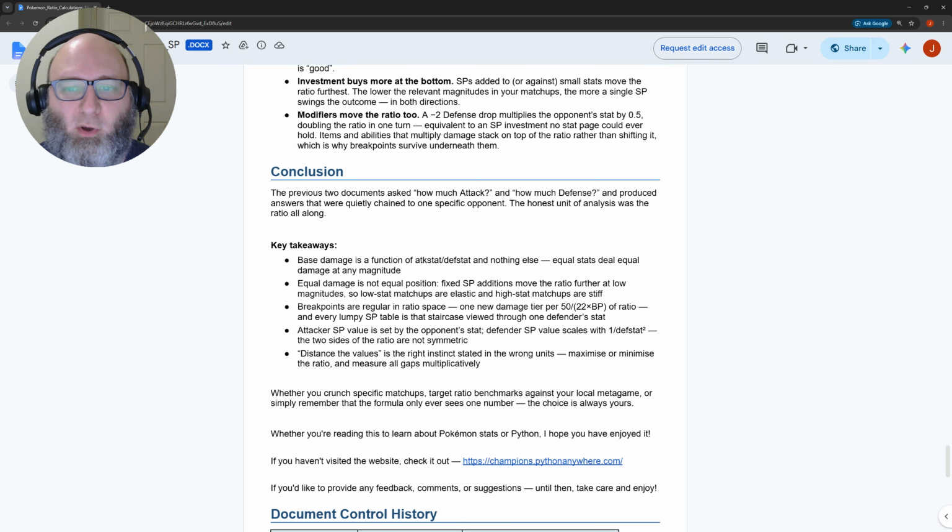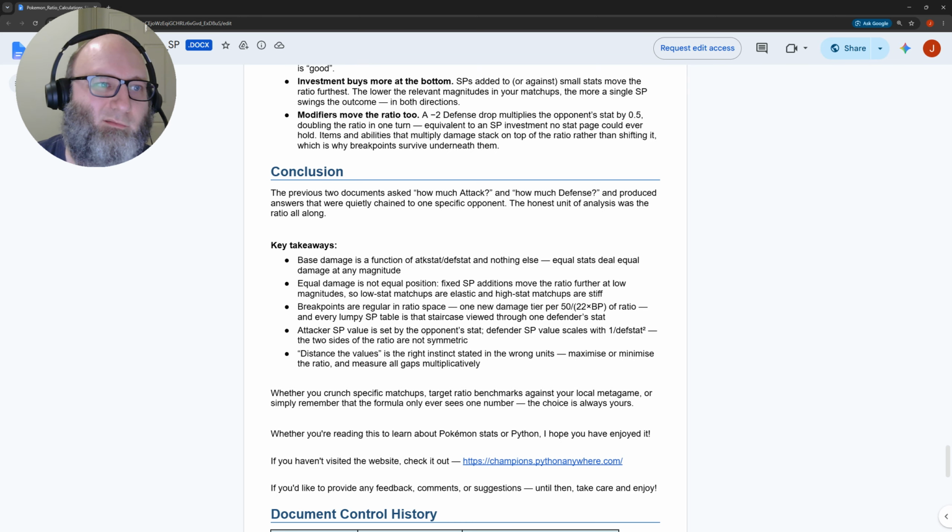1 new damage per 50 over 22 times base power of ratio, in every lumpy SP table and that staircase we viewed before through one defender's stats. Attacker SP value is set by the opponent's stat. Defender SP values scale with 1 over def stat squared. The two sides of the ratio are not symmetric.